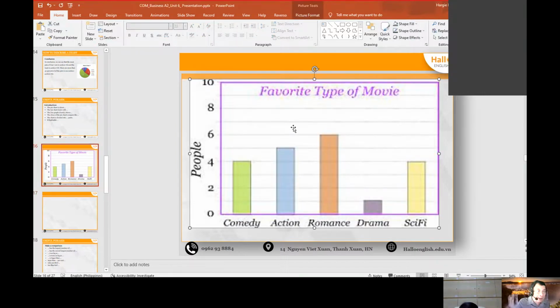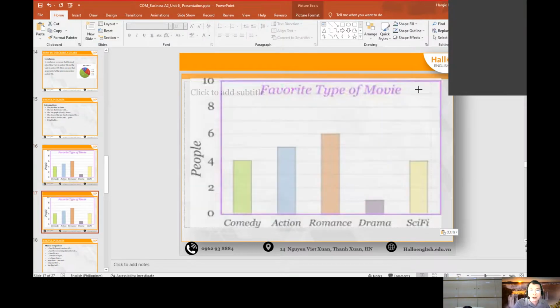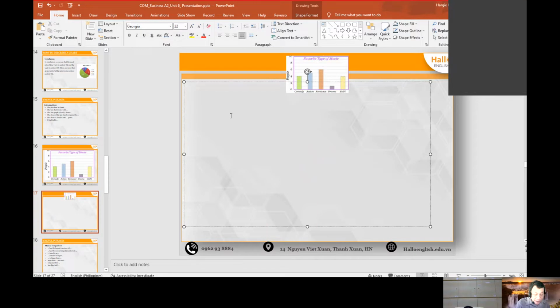So let's say, for example, we are interpreting now the result of this report, the bar chart. So what are we going to do with this?